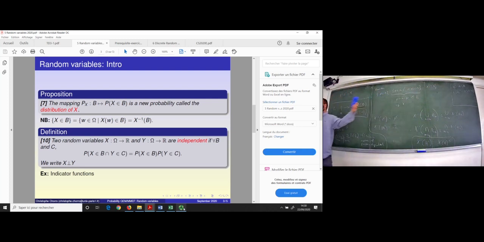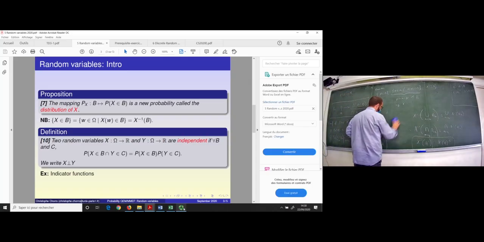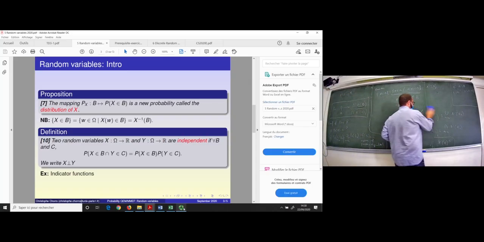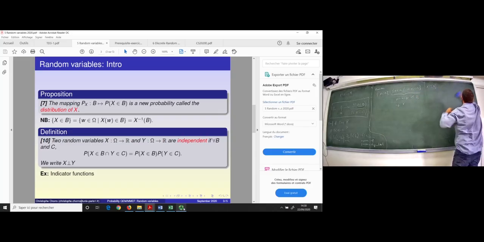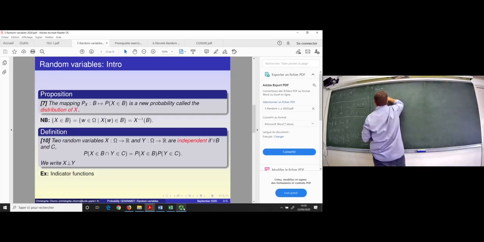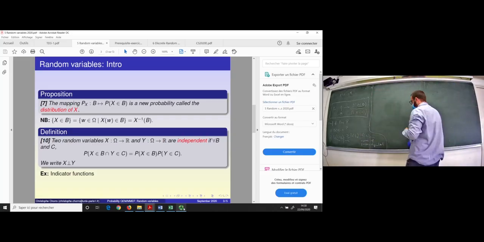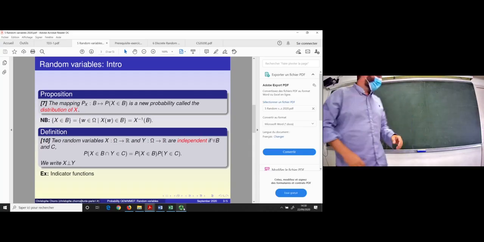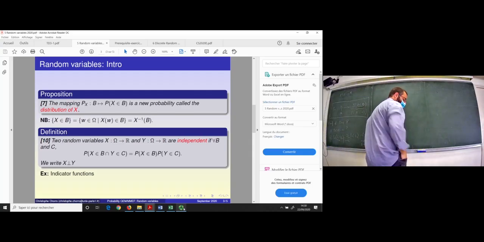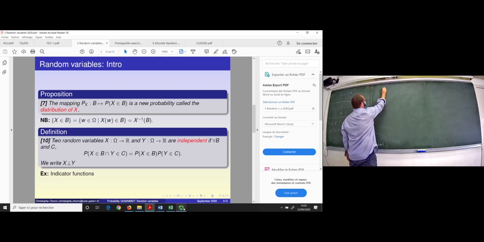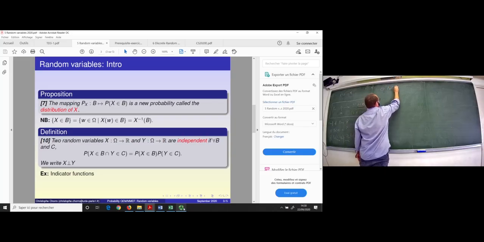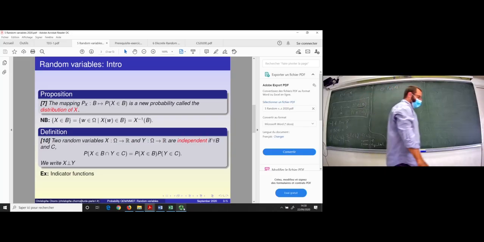So with pre-image and set, I can do anything I want. It's what I keep in mind. So I have the 2 points to prove. For the first point, Px of R, so what is Px of R?